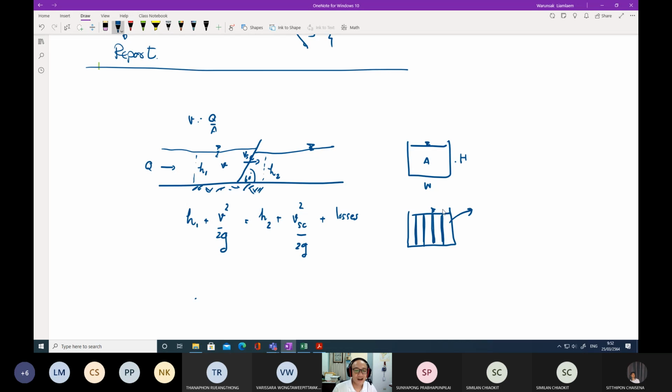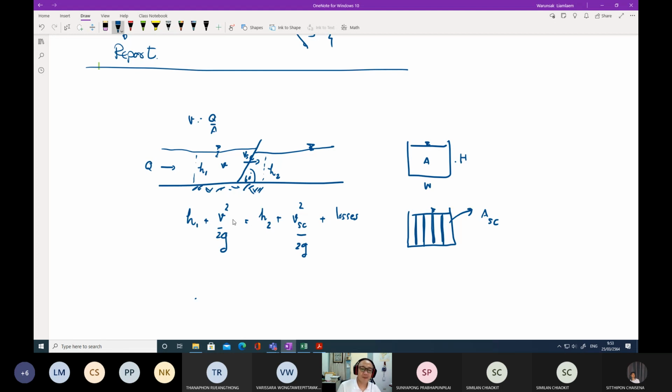So the opening area at the screen is of course smaller. This one is the opening area of the screen, so it's smaller than the area before passing through the screen. So even if the screen is clear and clean, there is still some initial loss, because anything we put in the waterway will generate losses.